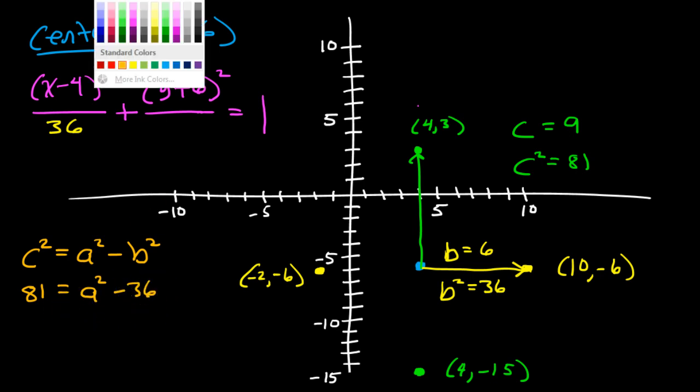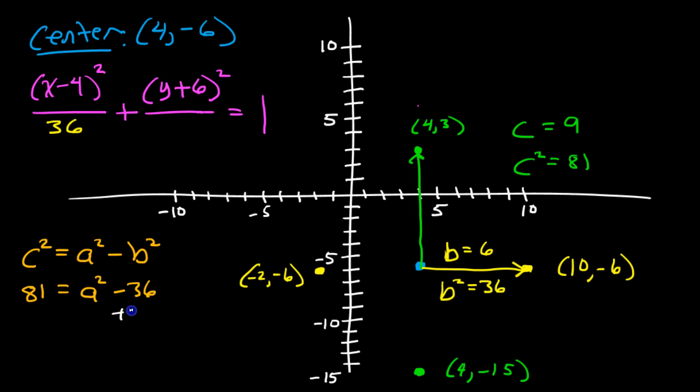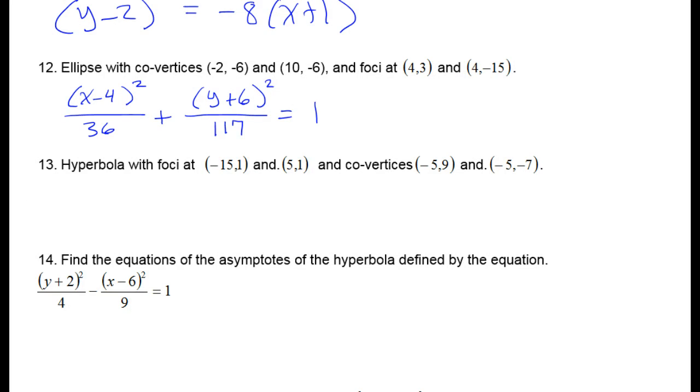So if we want to find a squared, we have to add 36 to both sides. And this will give us a squared. So a squared is 117. So that's it. This is the standard form equation that we needed. There you go.